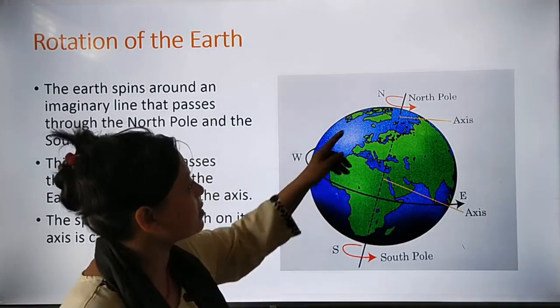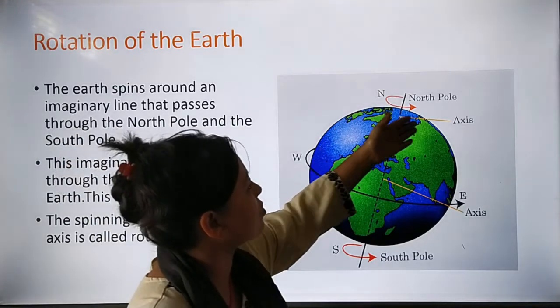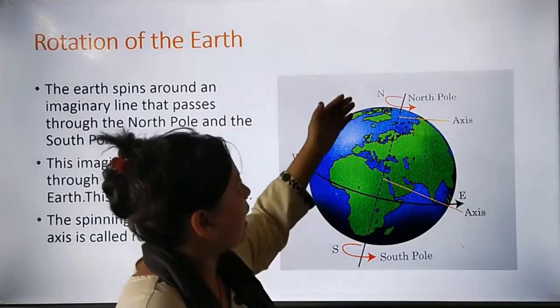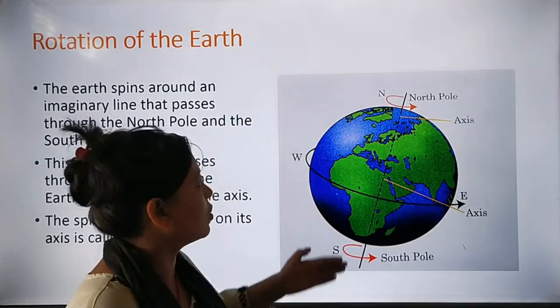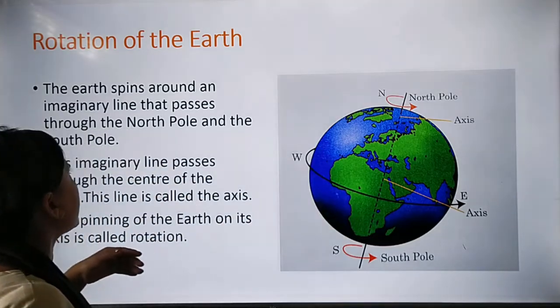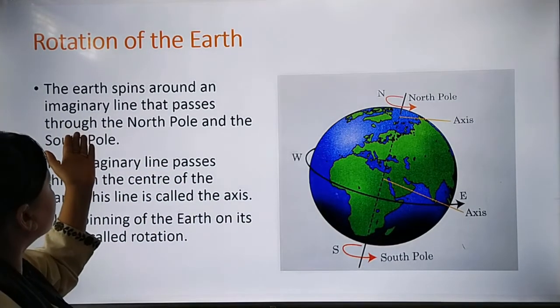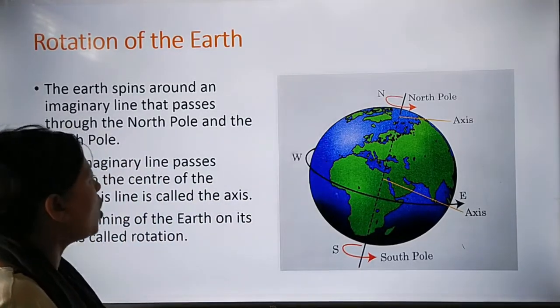Can you see this line? This line is called an imaginary line, and it is called the axis. It goes from the North Pole to the South Pole.